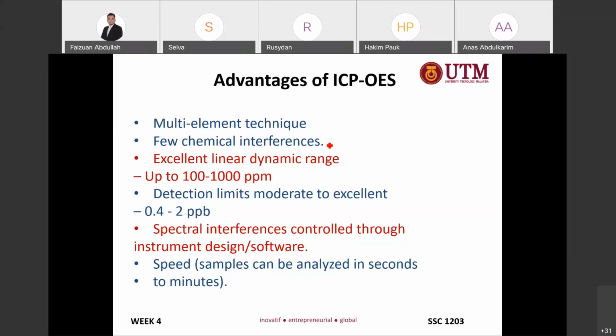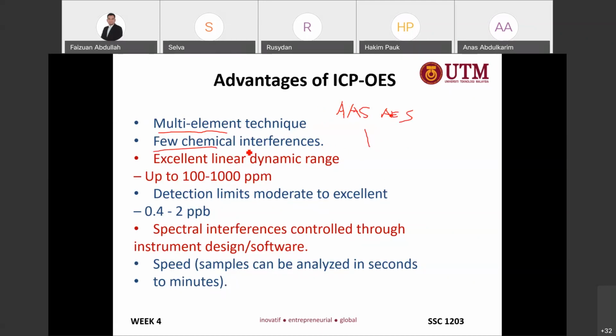Right, the advantage of ICP-OES is that it is a multi-element technique, of course. Multi-element meaning that we can detect various types of metals at one time, different from AAS and AES. For AAS and AES, we can only detect one at a time.